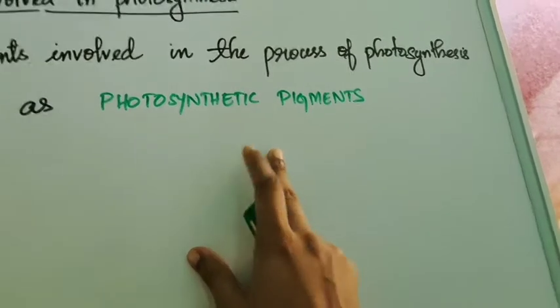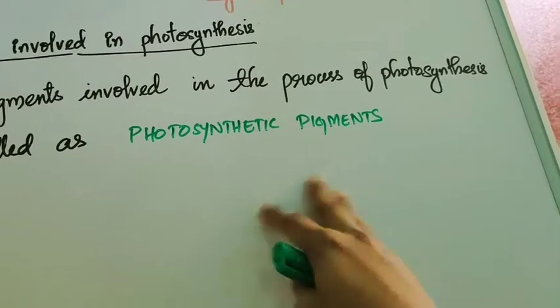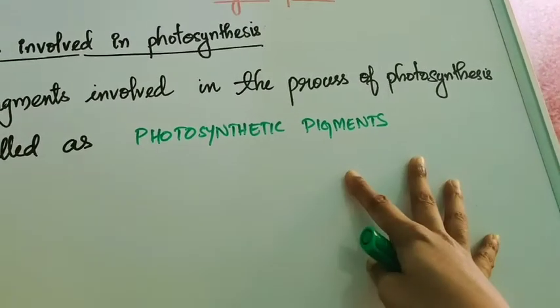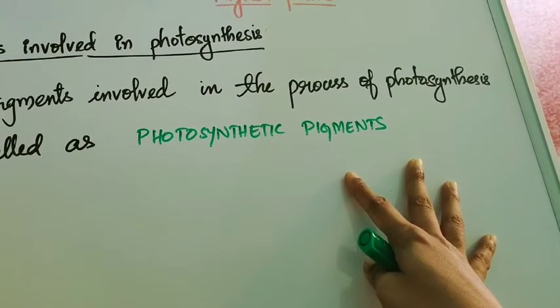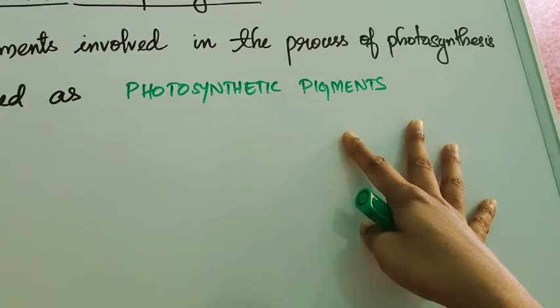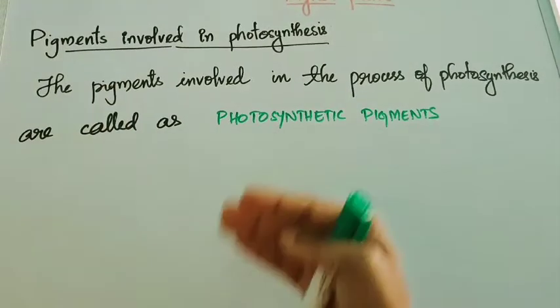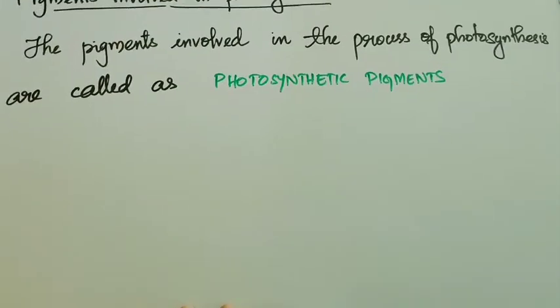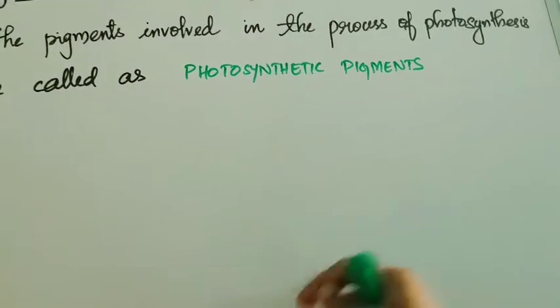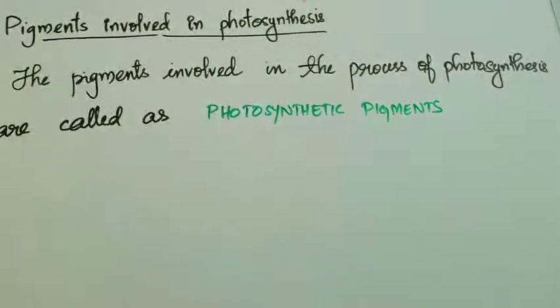These pigments can be separated scientifically, by an experiment called the chromatographic technique. Using the chromatographic technique, the different pigments can be separated from each other. But let us move forward and try to understand different types of pigments.